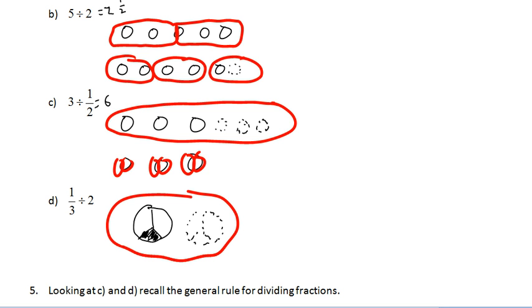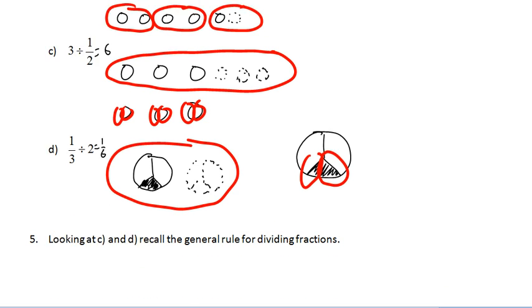Well, we have 1 slice out of 6. So that's going to be 1/6. The other way is easier to think about, where we're going to take a third and divide it into 2 groups. So there's our 2 groups. Each one has a 1/6 in them.